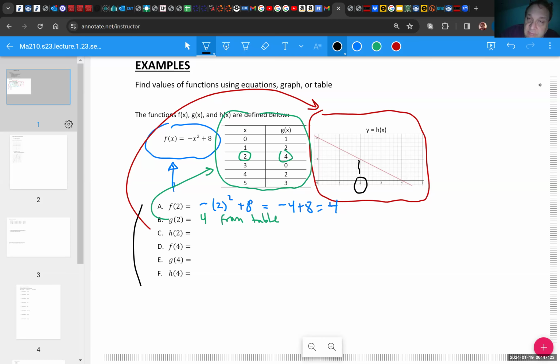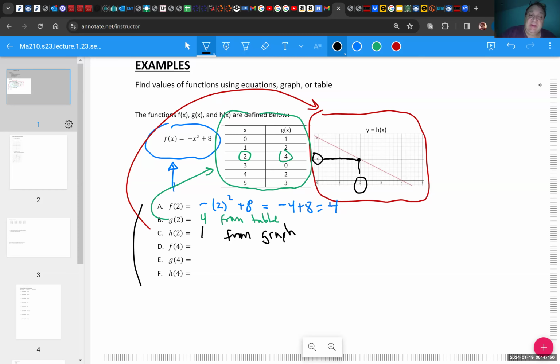The graph is this red thing, if you're color sighted, that goes sort of down. So we go up to the graph, and then we look at the function value at that point, and that appears to be 1. So I get h(2) is equal to 1, and that's just from the graph. I've also marked on the graph the value of 2 and that it equals 1, so I'm showing my work on the graph itself.